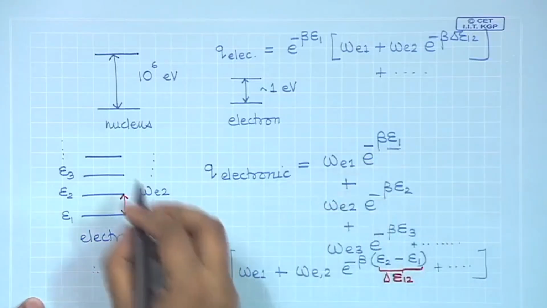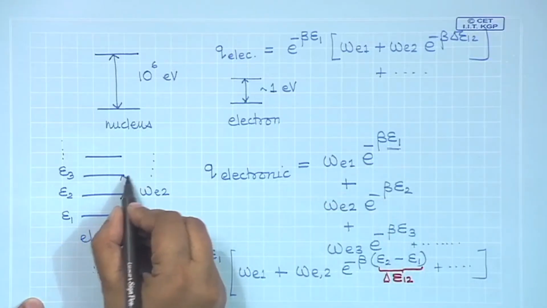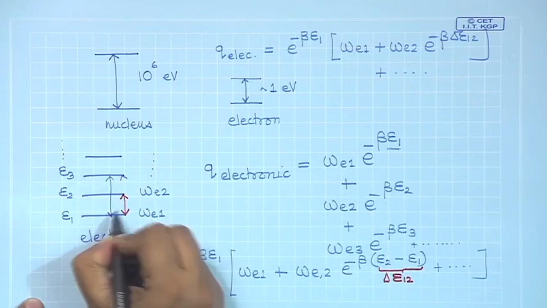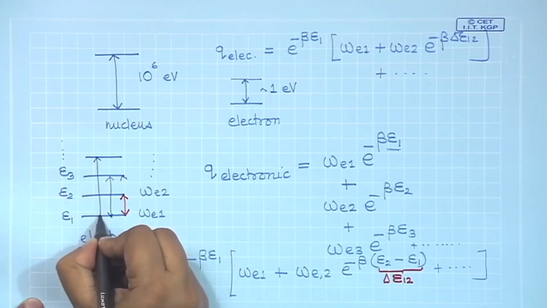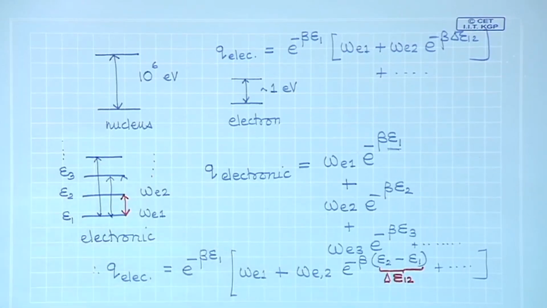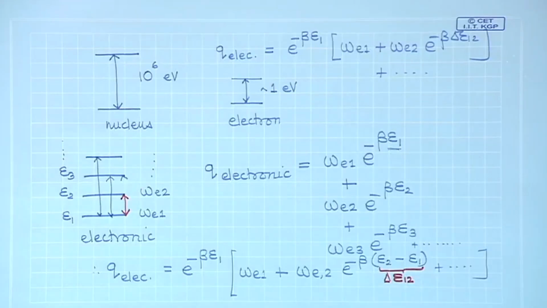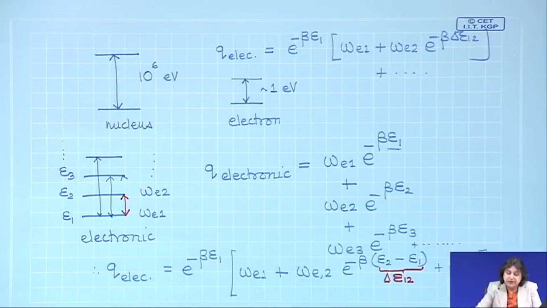The delta epsilon 1 3 like this is higher than this, and this is even higher than this. So, all the higher energy levels will not contribute much to the overall electronic partition function, because beta into that delta epsilon term is very, very large, and therefore their contributions are going to be very, very small.